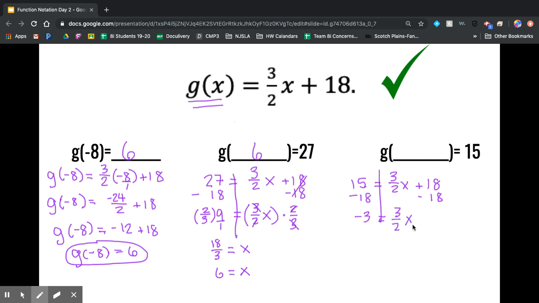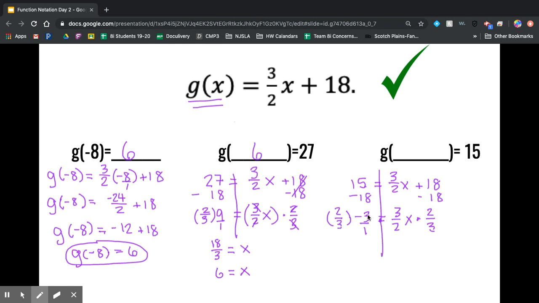Again, we need to cancel out this fraction, and the best way to do that is just to multiply by the reciprocal. So I'm going to be multiplying by 2/3. And whatever I do to one side, I have to do to the other. Put this 3 over a 1, and we're going to multiply straight across.